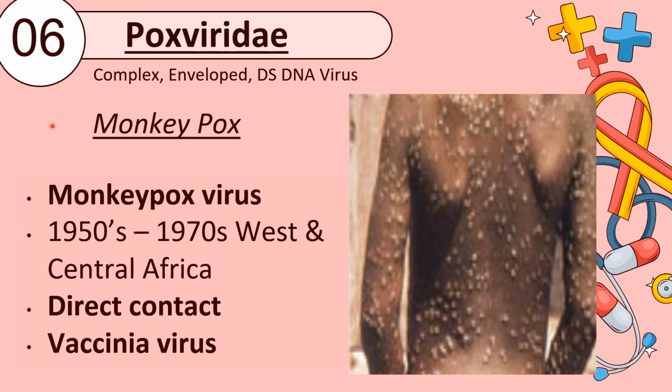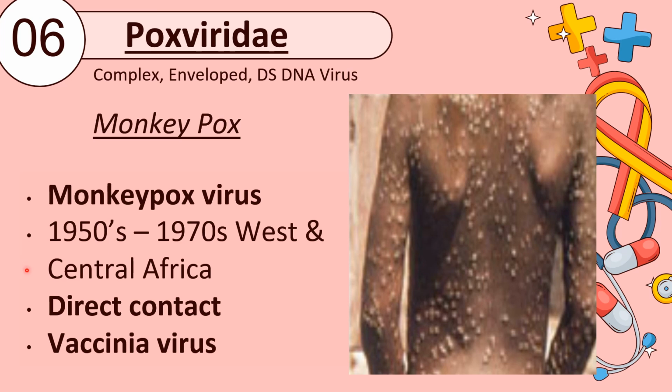Monkeypox is a rare animal disease caused by monkeypox virus. This was first recognized in captive monkeys in 1958 and then eventually recorded the first human infection in the early 1970s, specifically in West and Central Africa after the eradication of smallpox from those regions.